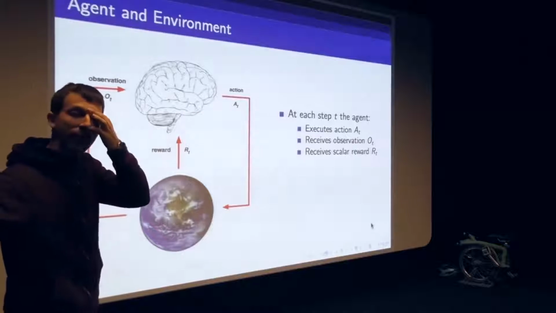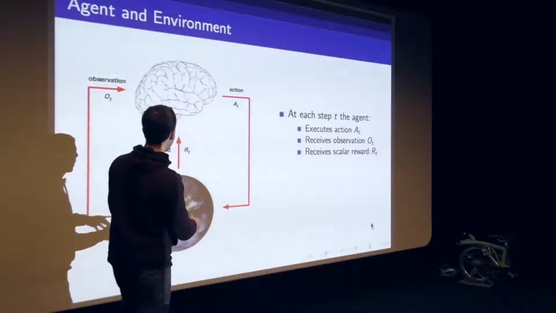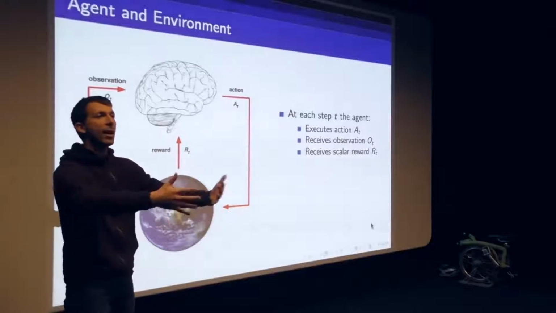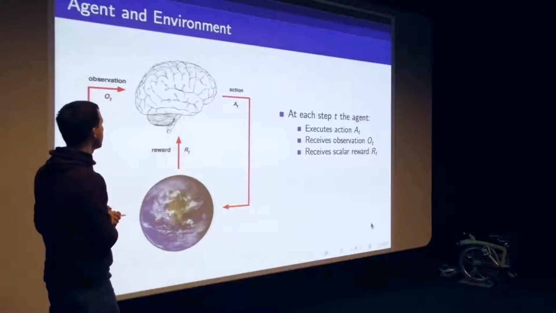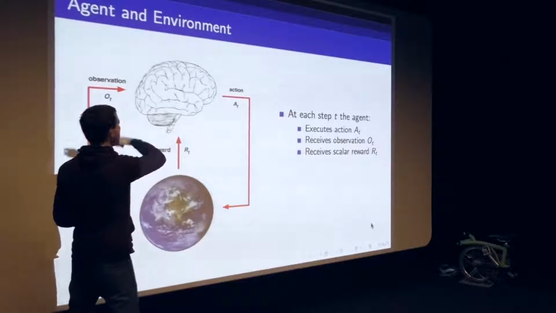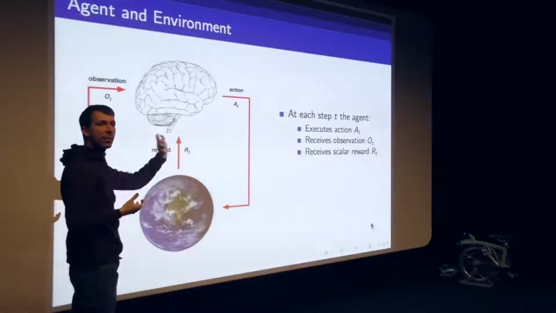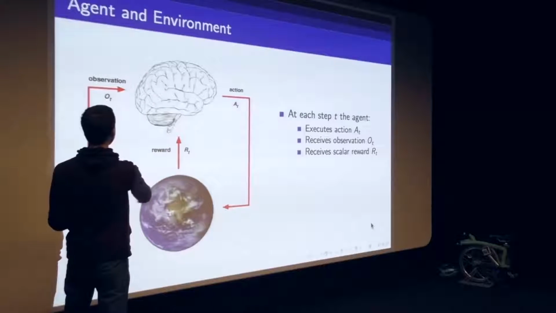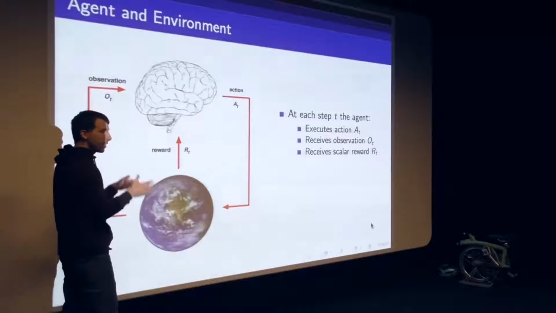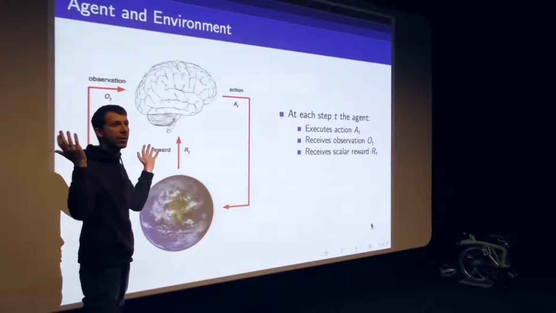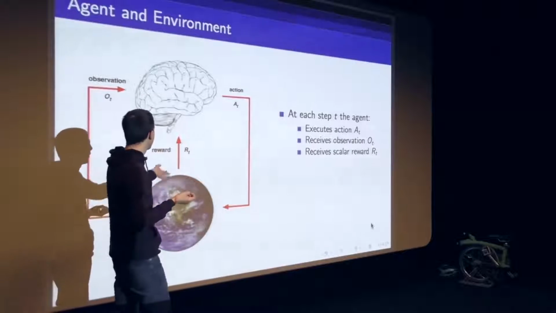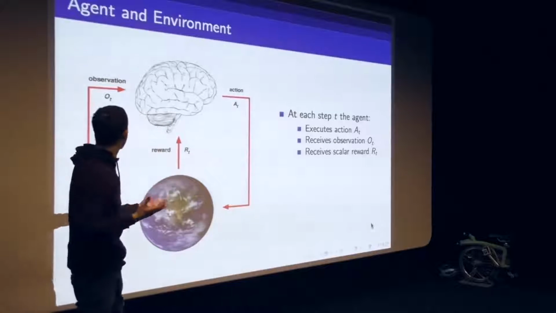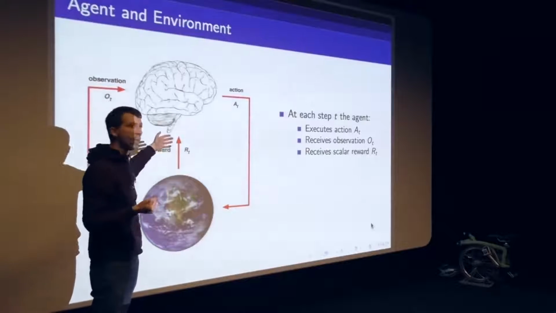On the other side of the fence, we have an environment. So I'm going to represent the environment by this sort of world. This is what's out there on the other side of the agent, the thing it's interacting with. And what's going to happen is there's this loop over time. You can think of this loop where the agent is interacting with the environment, and at every step it's seeing something of the world. It gets some observation where it's seeing a snapshot of the world at this moment. The agent's wandering around seeing stuff. And the environment is generating what that observation will be and what the reward is.